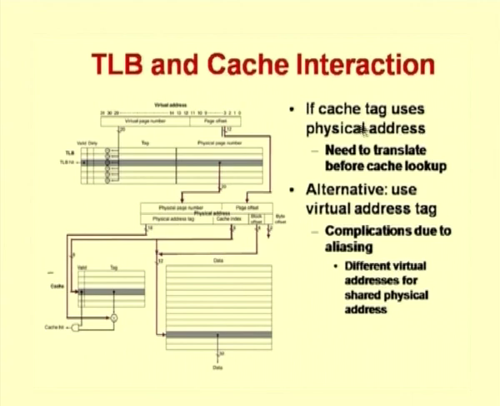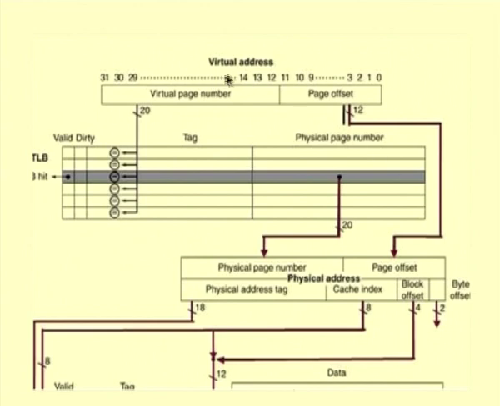Now if the cache tag uses physical addresses, remember that this translation needs to be done before the cache lookup. So if you look at how the whole thing will be organized, this is what will take place. You have the virtual address divided into virtual page number and page offset. Now this is used to access the TLB. The virtual page number is directly compared with all the tag bits that you have in the TLB.